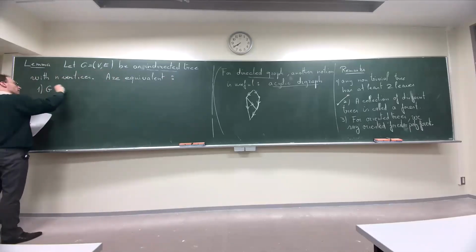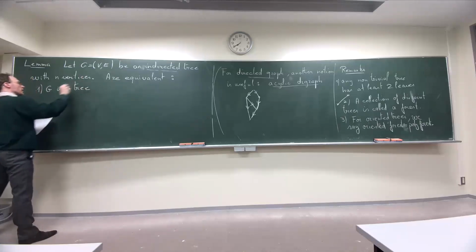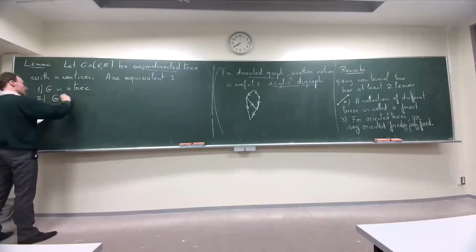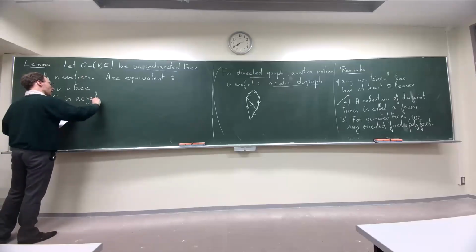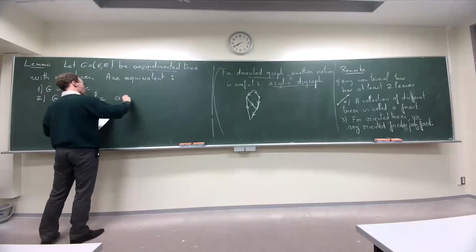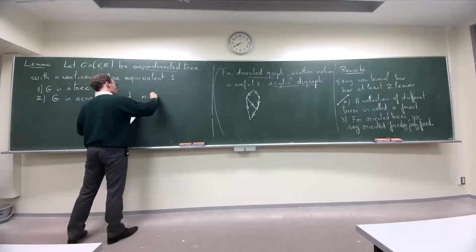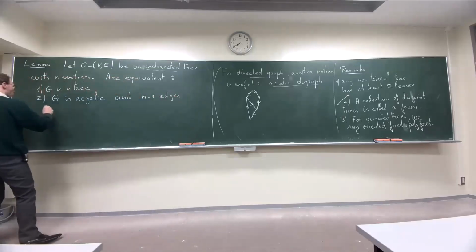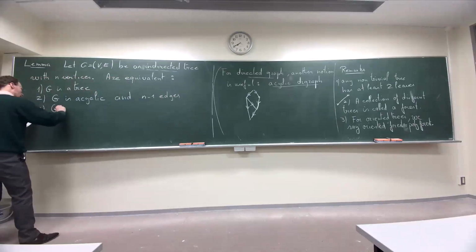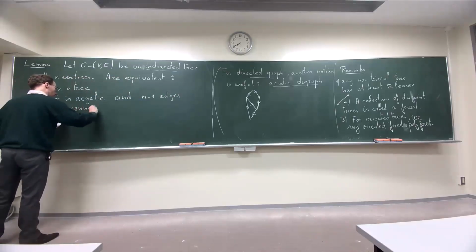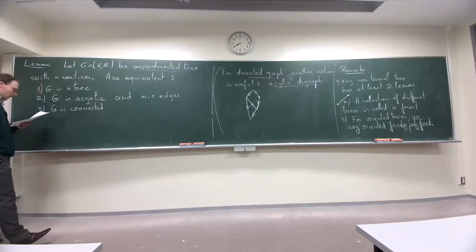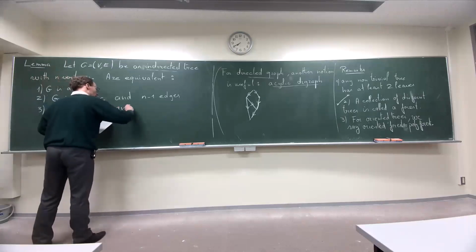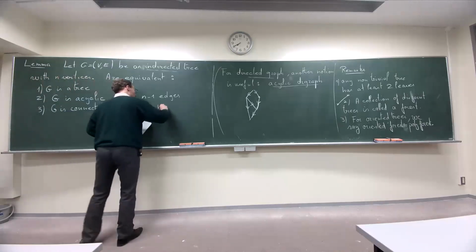G is a tree. Or it's equivalent to say that G is acyclic, so it has no cycle, and n-1 edges. Or it's equivalent to G is connected and has n-1 edges.